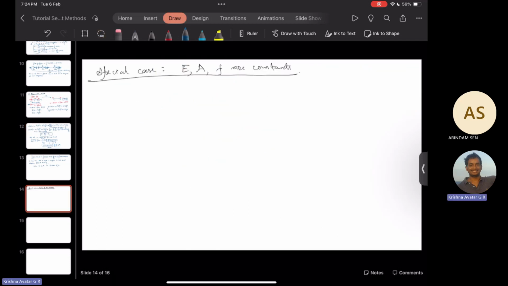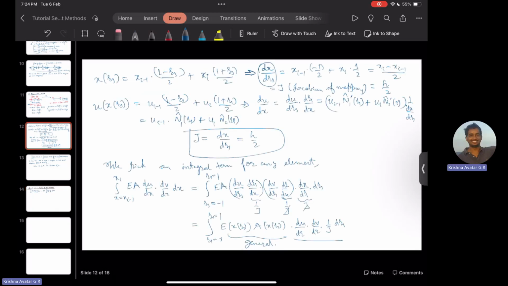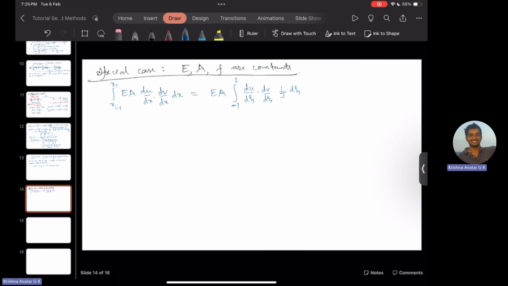Which means that the integral from xi minus 1 to xi of E A du by dx dv by dx into dx is nothing but E A, which can be taken outside, times the integral from -1 to 1 of du by dz dv by dz 1 by J into dz, and the 1 by J, as we recall clearly, J is equal to h by 2, so 1 by J is 2 by h.